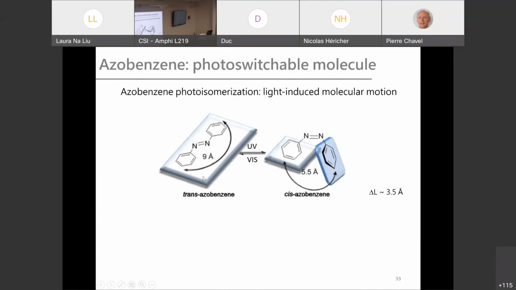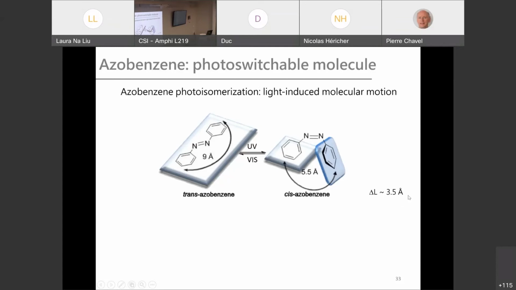So in fact, azobenzene has 2 forms. One is called trans-azobenzene and the other one is called cis-azobenzene, meaning when the molecule interacts with UV light, then the planar molecular structure will be transformed into this kind of twisted conformation. Then this twisted three-dimensional conformation can also be relaxed back to the trans-azobenzene conformation using visible light.